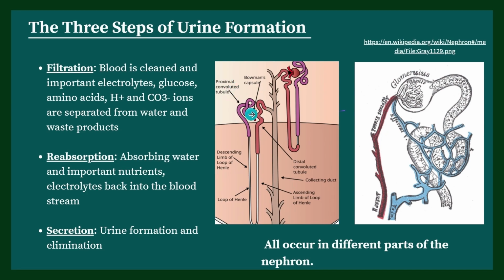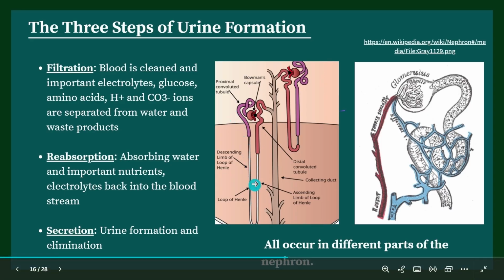This Bowman's capsule, which is also known as a glomerular capsule, I have a really hard time wrapping my mouth around that. That's the other image of it right here. It's a bubble where the arteries come in, and then there are veins that wrap all around the rest of this nephron.